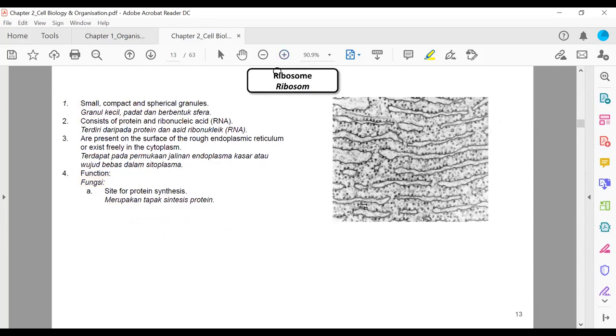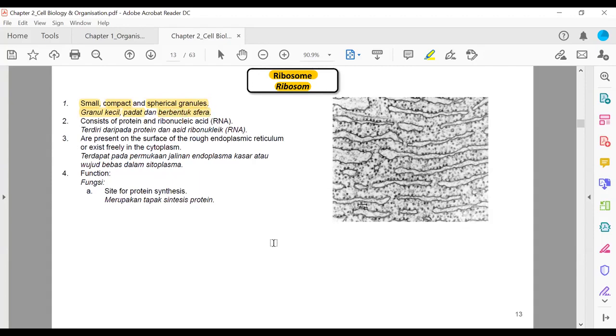Ribosome. So, let's move on to the next organelle yang dipanggil sebagai ribosome. Small, compact, and spherical granule. Granule yang kecil, padat, dan berbentuk sfera.